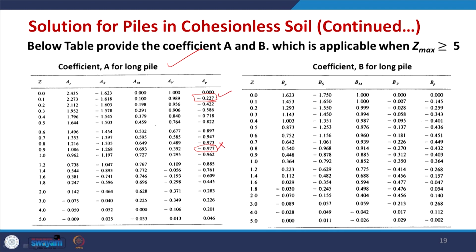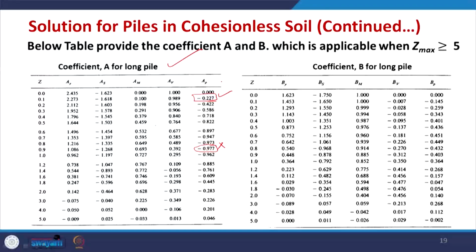And why is this the case here? Even though 0.977 is quite a bit more than 0.227, still the top value governs. What is the reason for this? You need to understand that though Px value will increase when AP increases, your allowable value is also going to increase. The allowable value Pa increases linearly with depth.